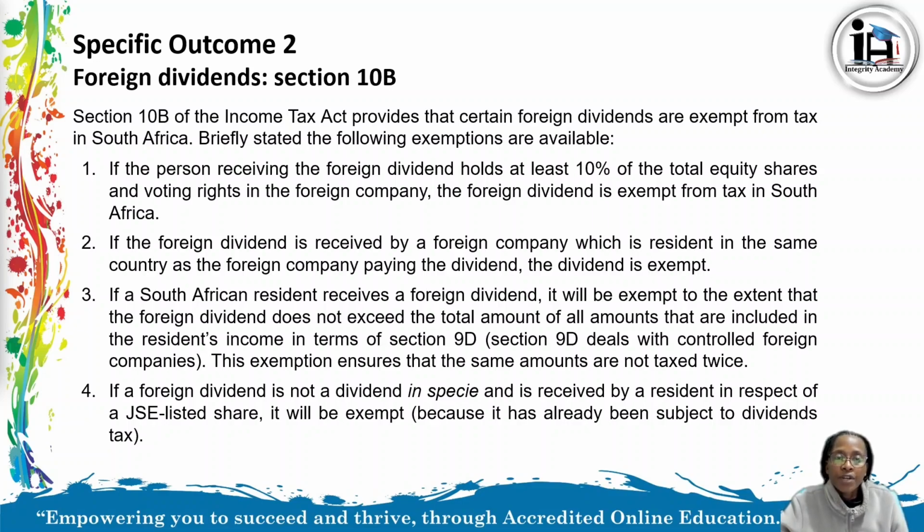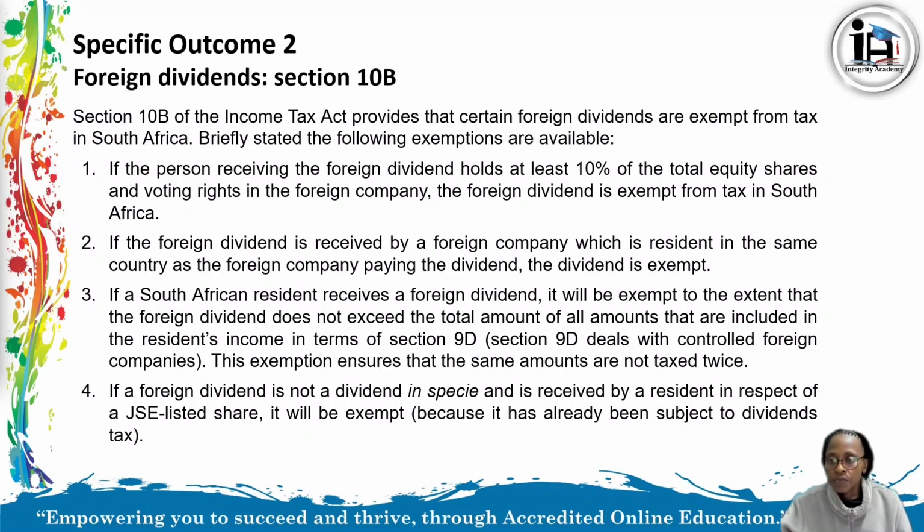2. If the foreign dividend is received by a foreign company which is resident in the same country as the foreign company paying the dividend, it is exempted. 3. If a South African resident receives a foreign dividend, it will be exempted to the extent that the foreign dividend does not exceed the total amount of all amounts that are included in the resident's income in terms of Section 9D.